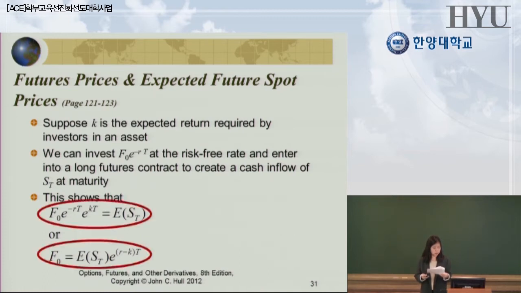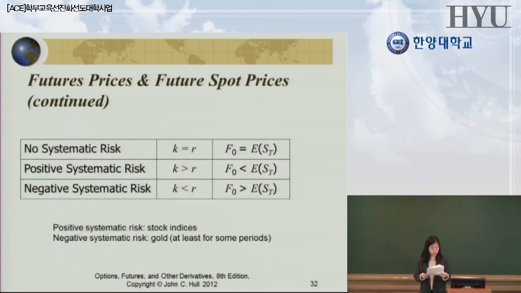This shows that, and therefore, if there is no systematic risk, in other words k equals r, the futures price and expected future spot price are the same. And if there is systematic risk, it is as in the following.